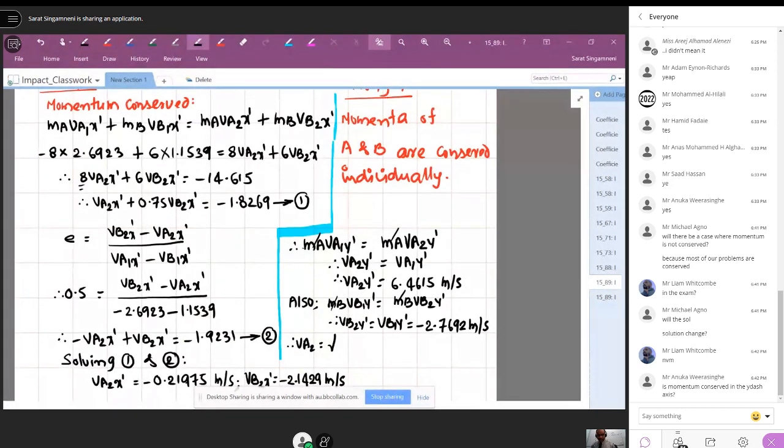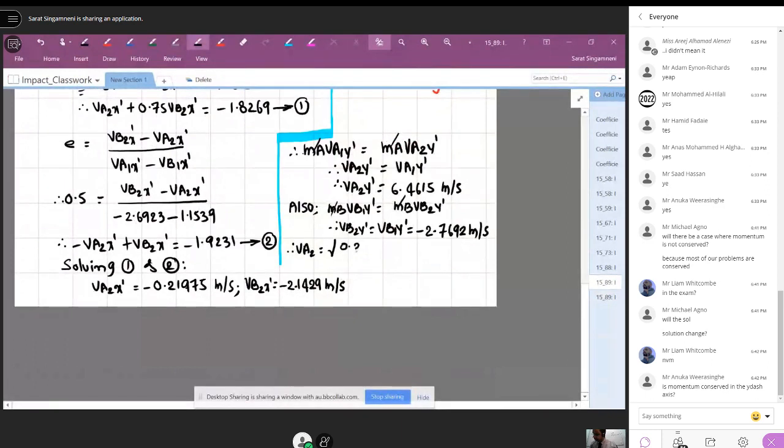So VA2 x dash is 0.215 squared plus 6.4615 squared, which gives us VA2, the total velocity of sphere A after collision, equal to 6.4652 meters per second.